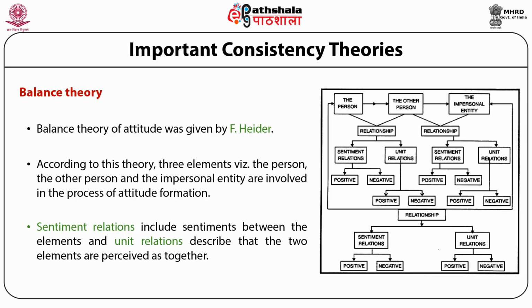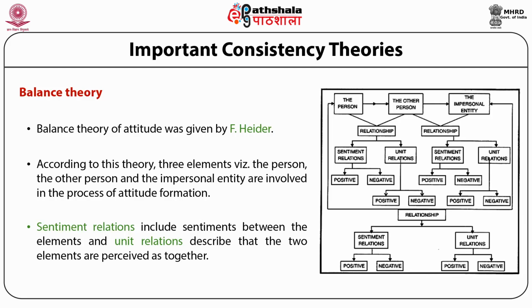Dear students, please look at the exhibit given here. This exhibit clearly explains that the three elements, the person, the other person, and the impersonal entity, are related with each other with the help of two relationships, sentiment relations and unit relations.